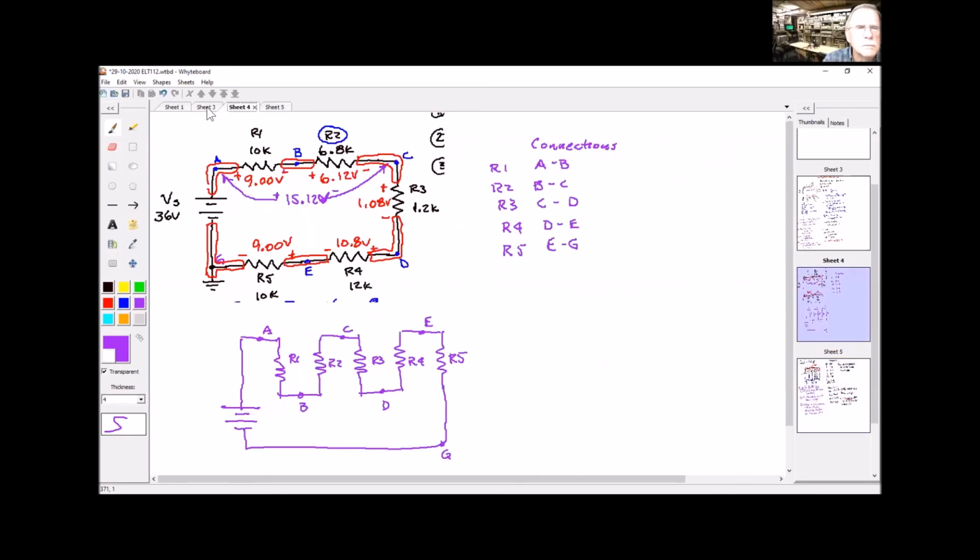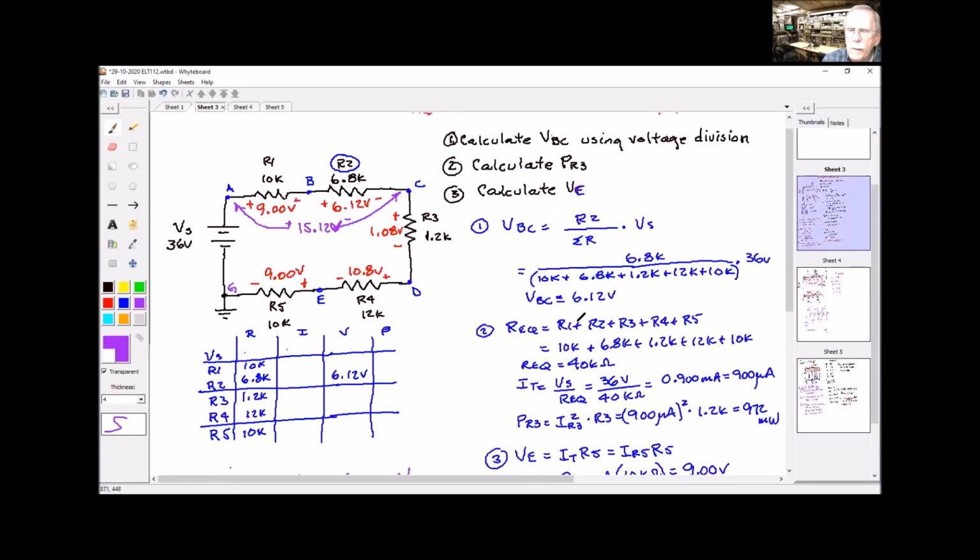Let me just see something because somebody just brought something up. I think I might have had a calculation error on the other problem.